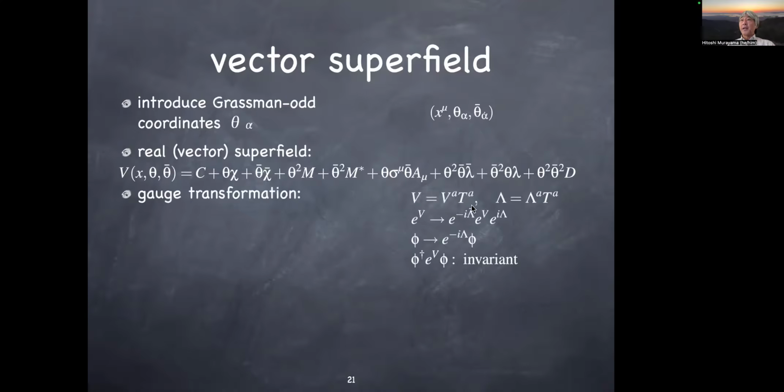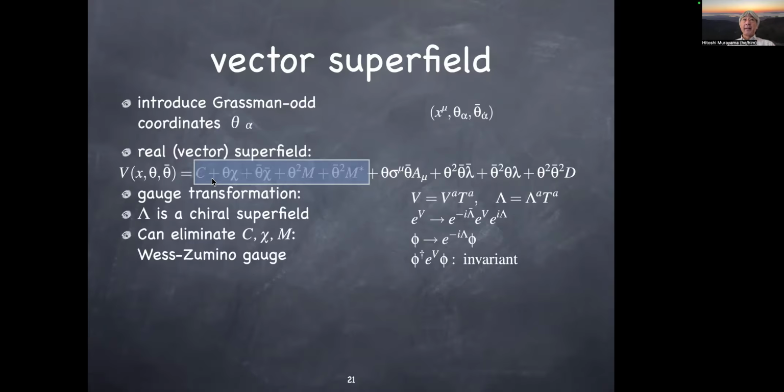It turns out that you can introduce a gauge transformation on this superfield V that would allow you to eliminate these components. Then you are left with one field which looks like a vector boson, and that's the gauge field. And this lambda, lambda bar are the gaugino fields. So this is a Weyl fermion, and this is its CPT conjugate. And D, once again, has no kinetic term, so you can integrate it out.